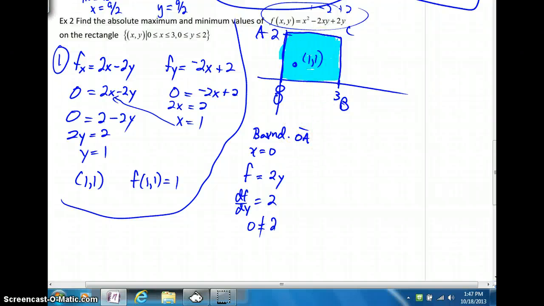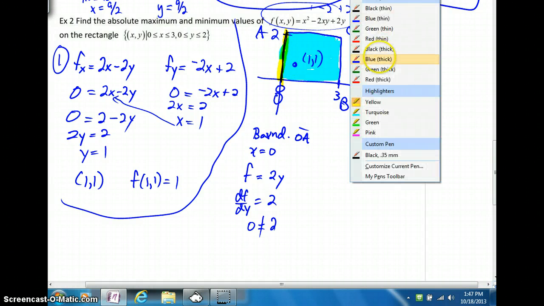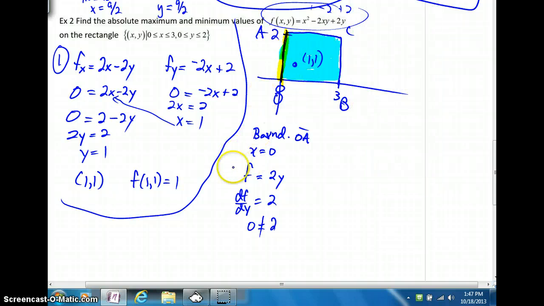On segment OA, we have endpoints of 0, 0, and this is occurring for y greater than or equal to 0 and less than or equal to 2. So really what we're saying is to investigate the points 0, 0 and also the point 0, 2.